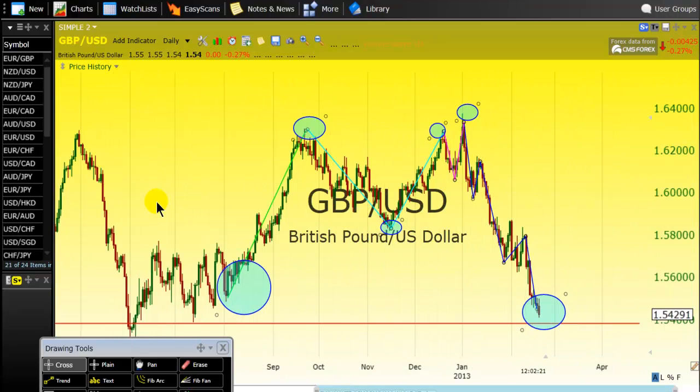Whenever you see a running flat correction or an expanded flat correction being completed, we are waiting for a convergence signal, because traders that were selling during the C corrective phase will take profit at the end of the C corrective wave. As they are taking profit, they have to buy, because this is the end of an up move and they were selling during the C corrective wave.